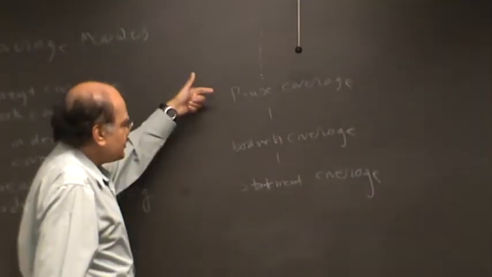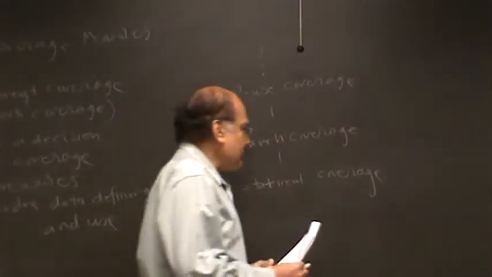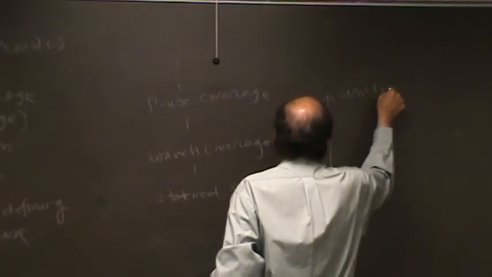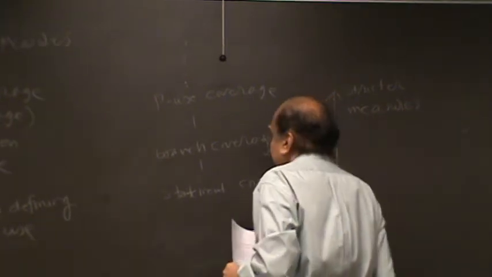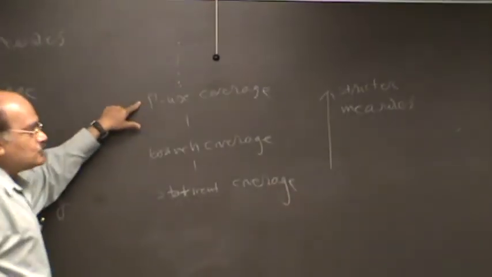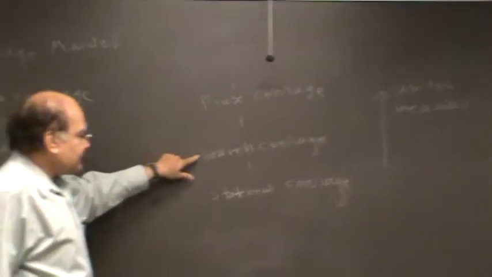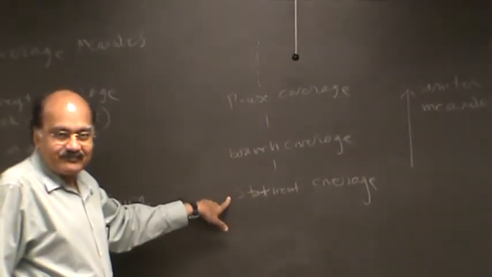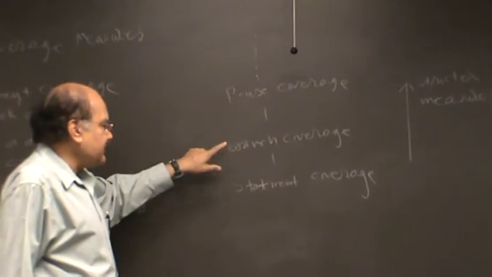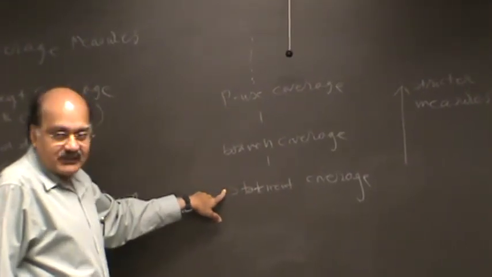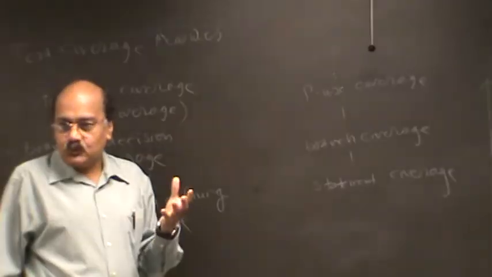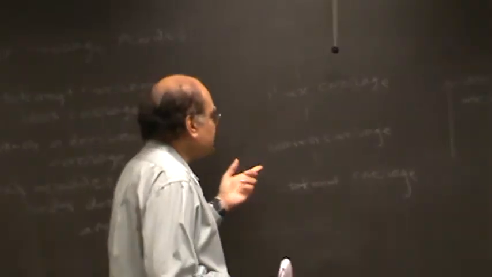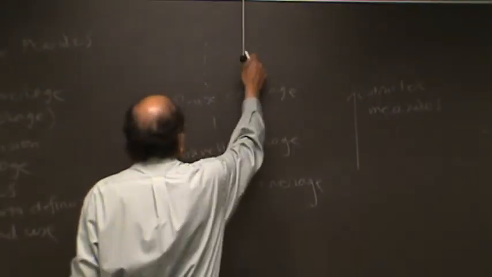So these are the stricter measures. If you get 100% P-use coverage, then you will definitely get 100% of this. And if you get 100% branch coverage, it's guaranteed that you will have 100% statement coverage. People have mathematically proven that coverage. And so this is called the subsumption relationship.